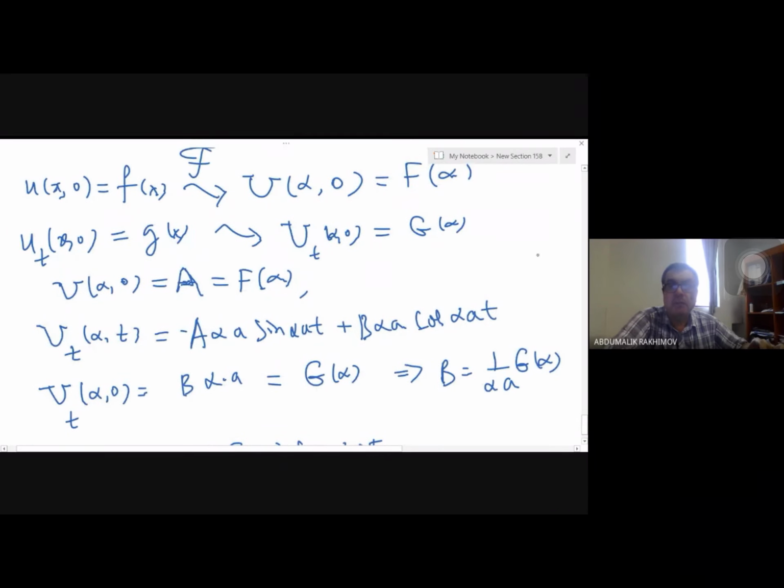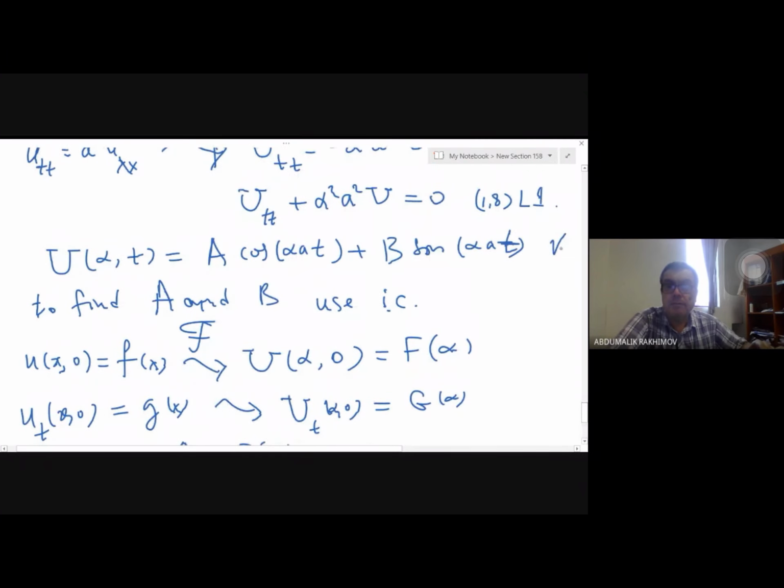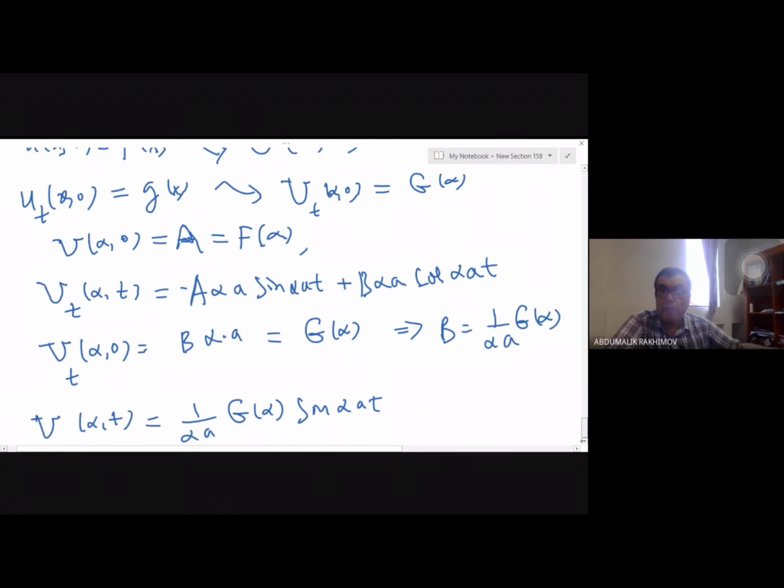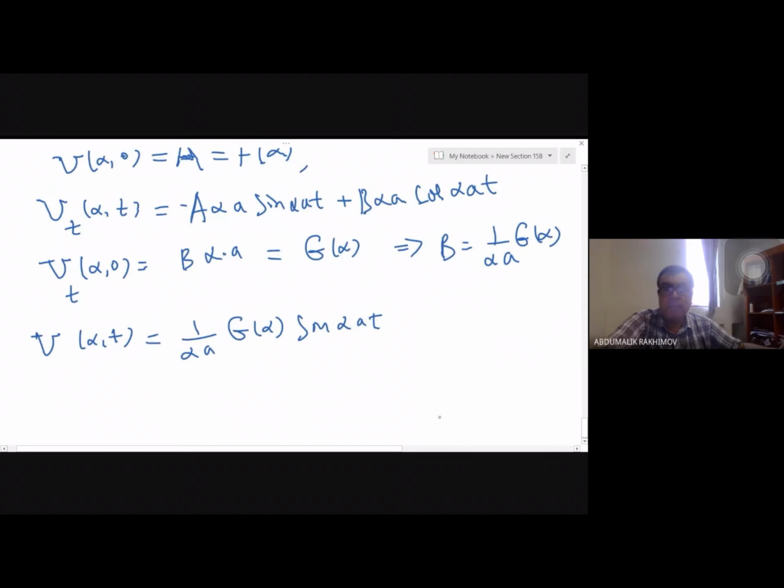This is right. Not this, above. This one. U alpha T is equal, A is 0 already, B is equal to this one. So G alpha, sine alpha A T. So this is the image U.